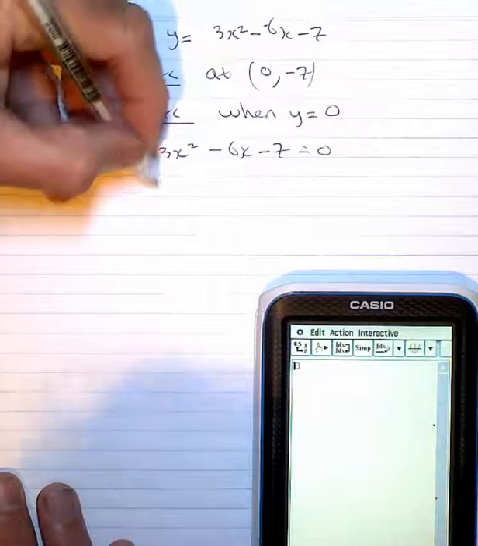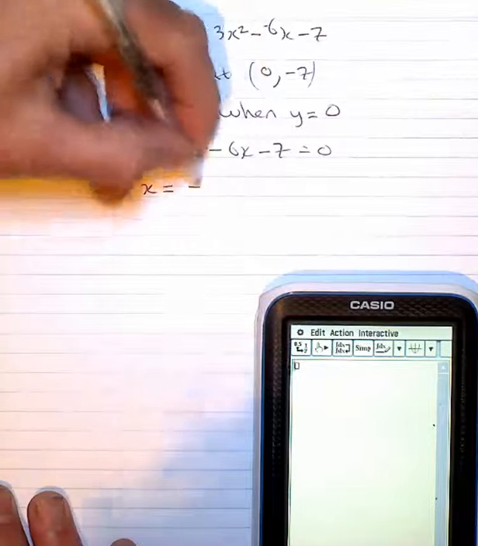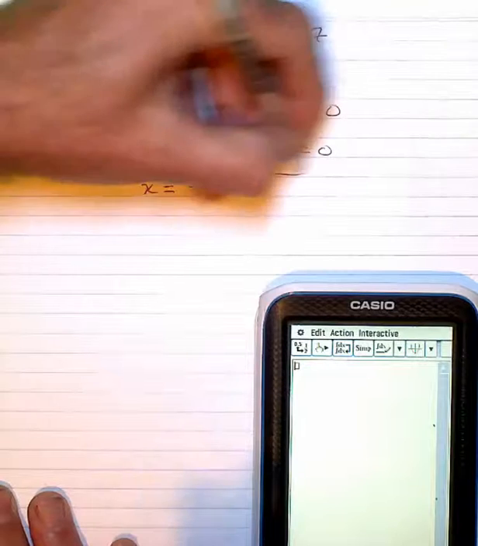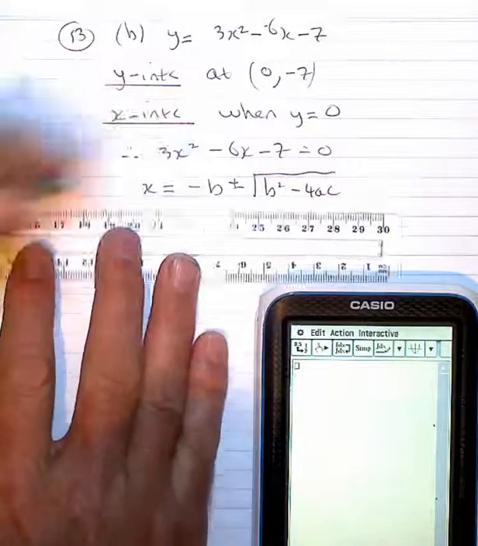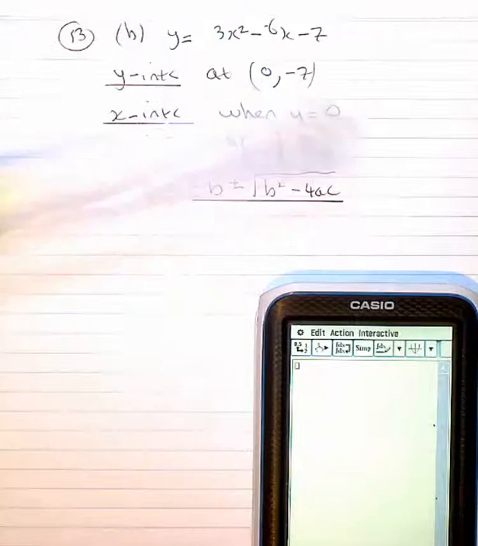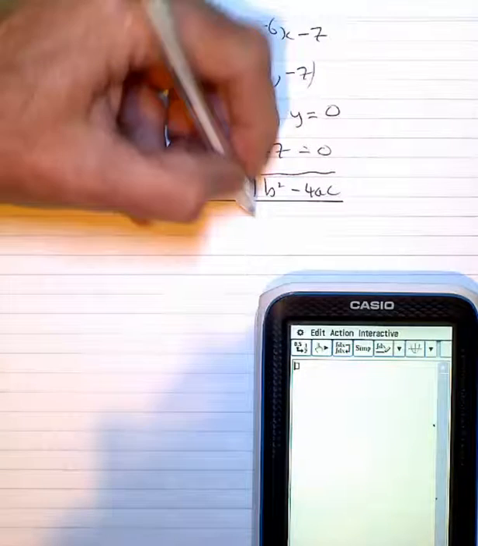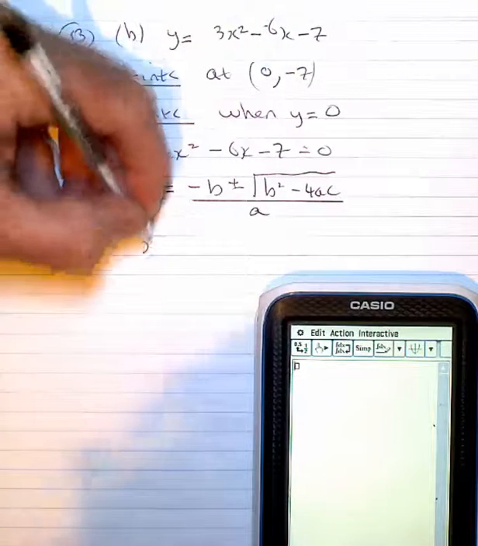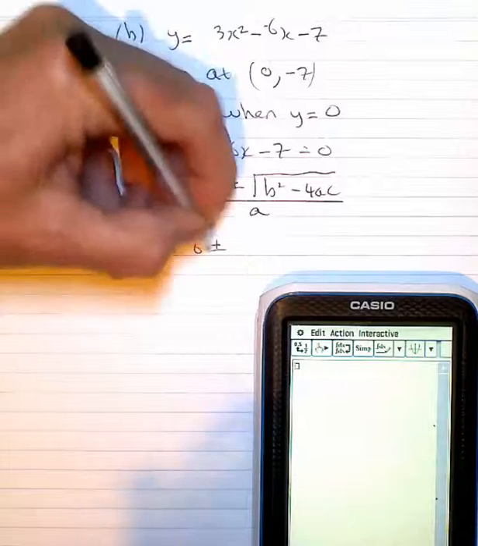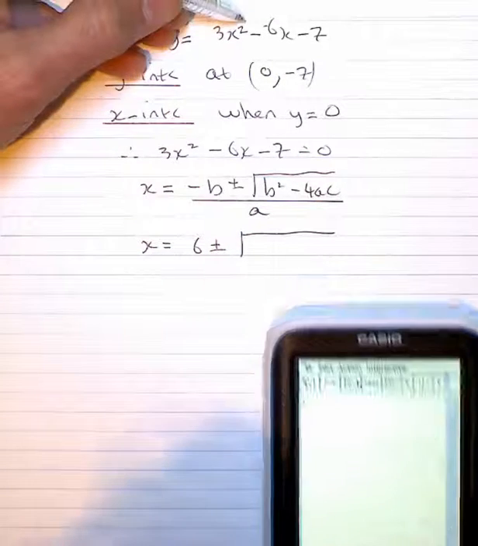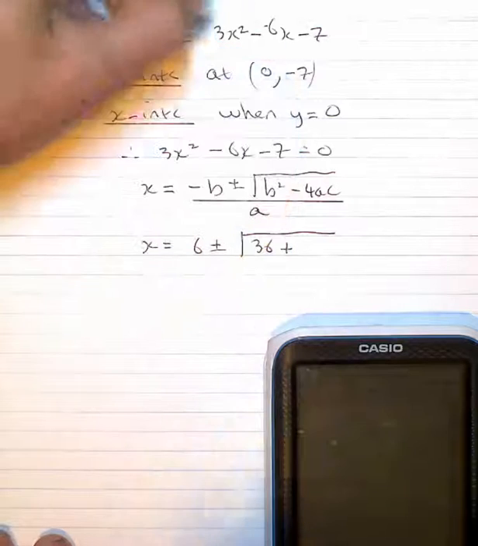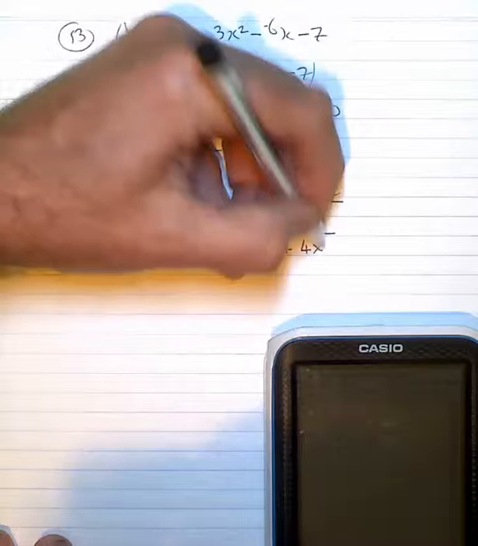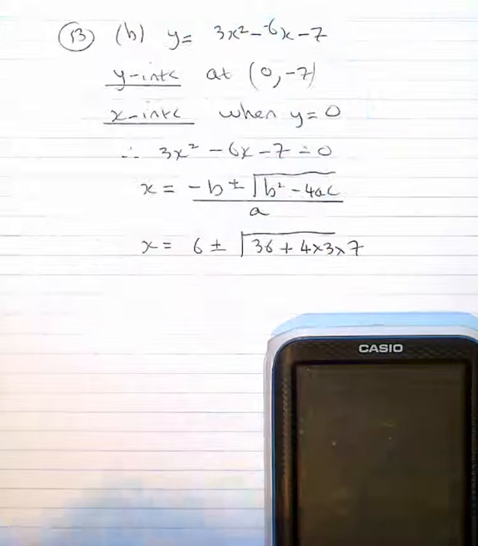So working that through, x is equal to -b plus or minus square root of b squared minus 4ac over 2a. Now -6 all squared is 36, and that becomes plus 4 times 3 by 7.